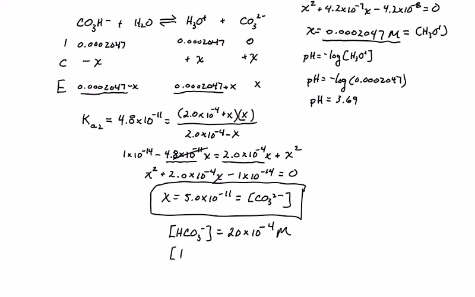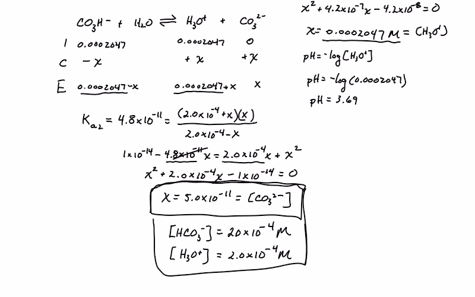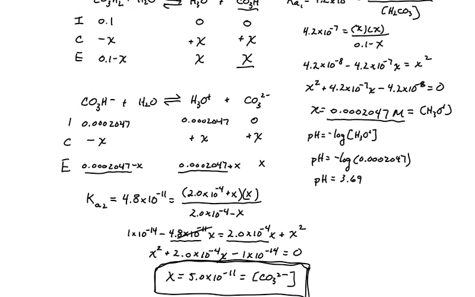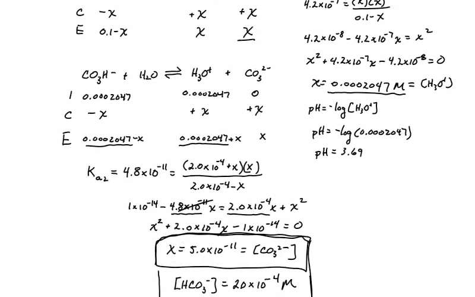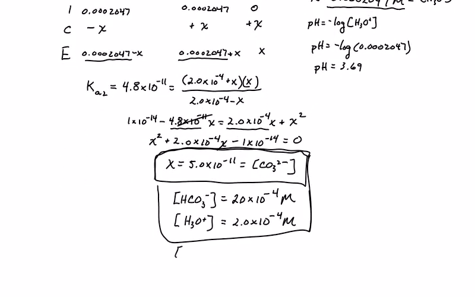Okay, the concentration of hydronium will be 2.0 times 10 to the negative 4th molar. Okay, so these are our equilibrium concentrations for all species that would be present. We also have to take into account the concentration of carbonic acid.